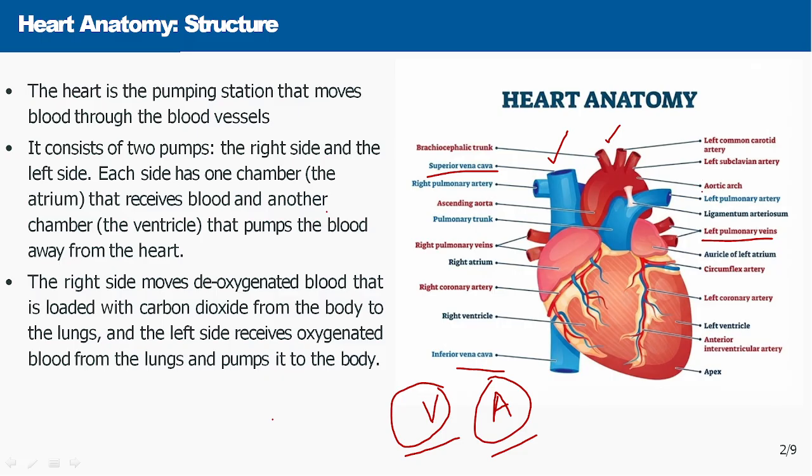Here we have the aortic arch, the left common carotid artery, similarly the left subclavian artery, then the brachiocephalic trunk, and this is your ascending aorta. Through these arteries, the oxygenated blood will be supplied to every part of our body.